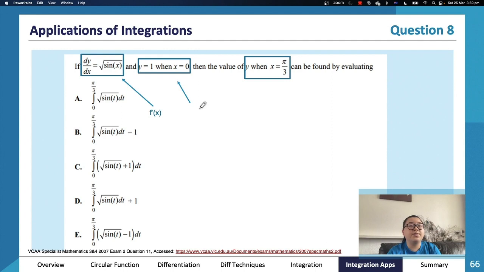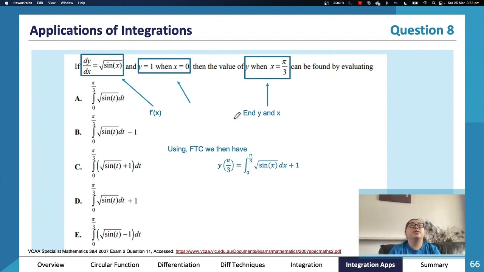So if we wanted to find pi on 3 and make that the end result, what we would put in is y of pi on 3 would be the integral from pi on 3 to 0, because that's the next x coordinate we know, plus 1, right? Because that's the y coordinate that we know is coming across. It's like integrating y on the other side.